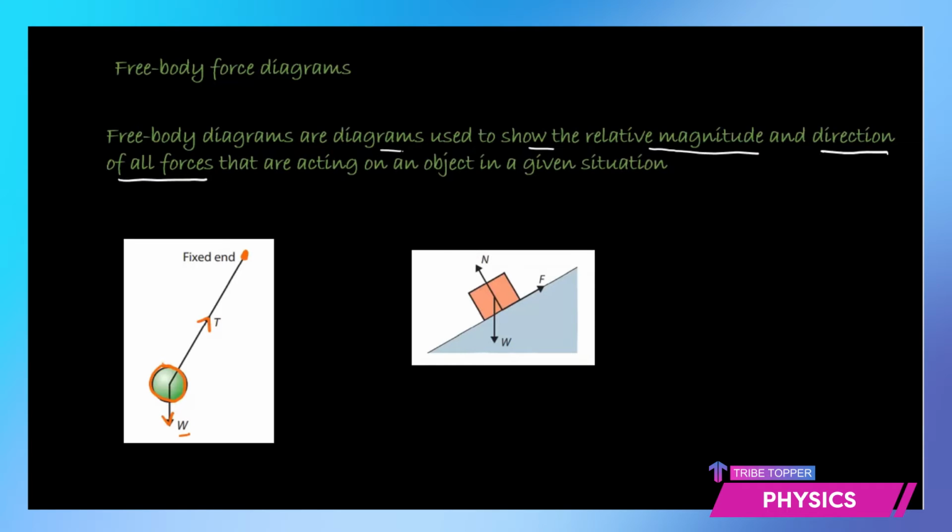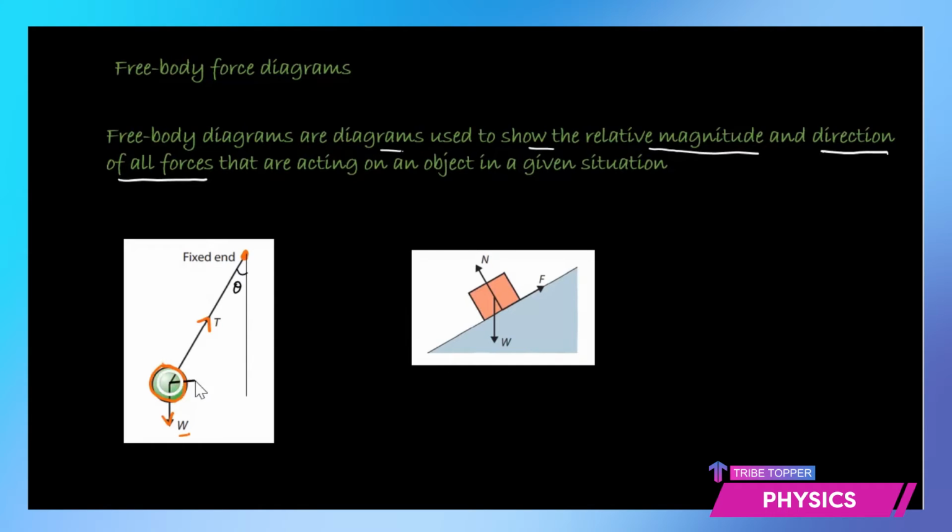When you have to solve it, you will have to mark some more parts of it. So we'll say if the string is making an angle theta with the vertical direction, then we have to split up this tension into two parts. And what will be those two parts?